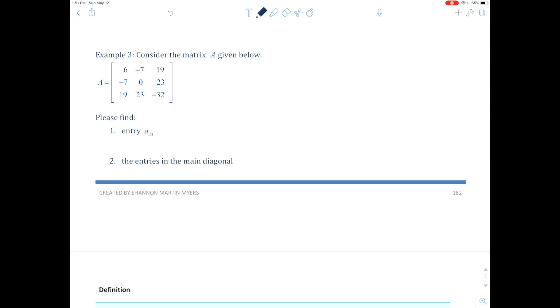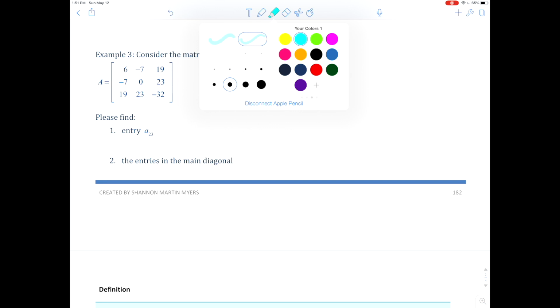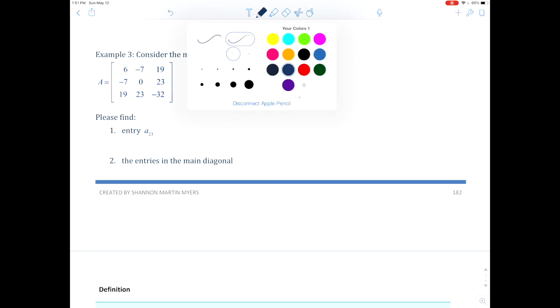Let's look at this matrix A and let's check it out. Just to make sure you're comfortable with this matrix, what is entry A sub 2, 3? So what would we do? Actually, I'll do it in this.